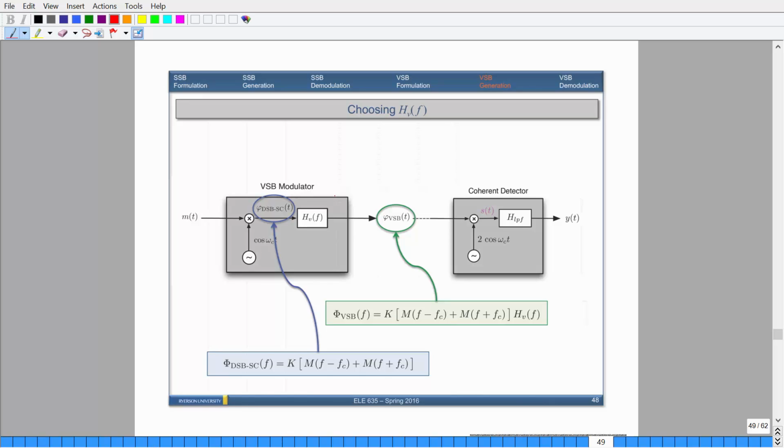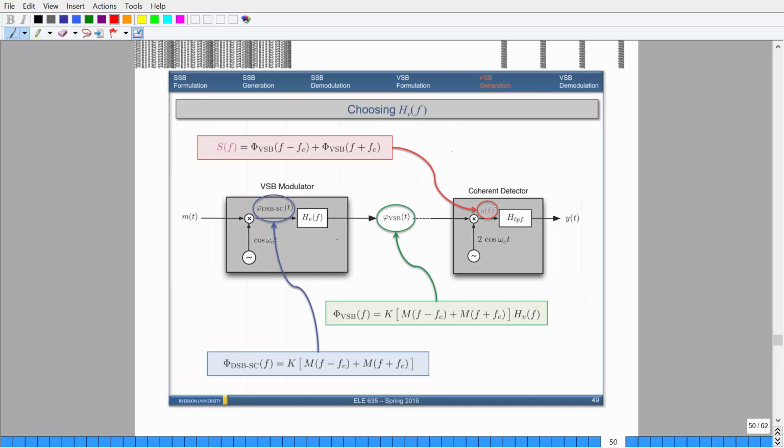Once we perform this modulation, we pass it through the bandpass filter. This is your channel, which we'll assume is ideal for now. So we're taking our modulated signal and multiplying by the bandpass filter, because convolution is multiplication in the frequency domain.